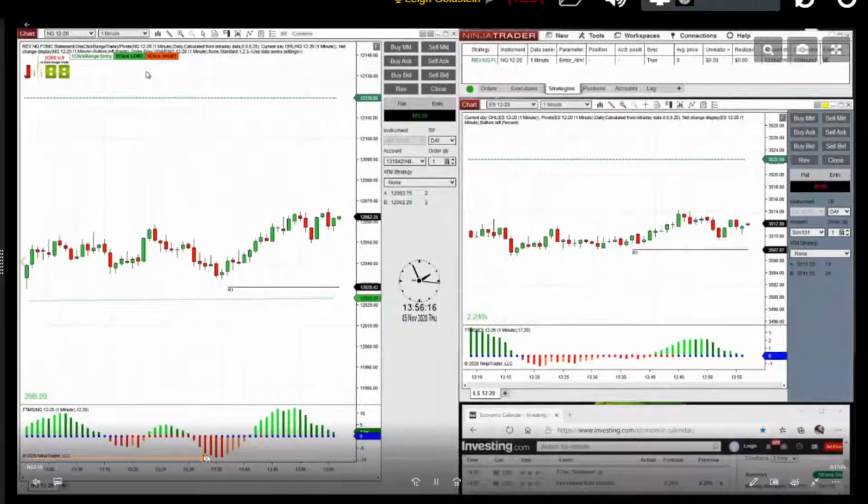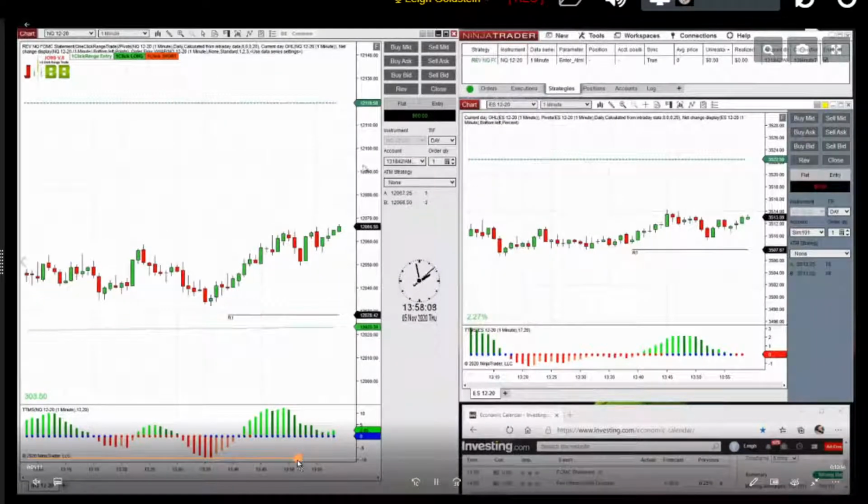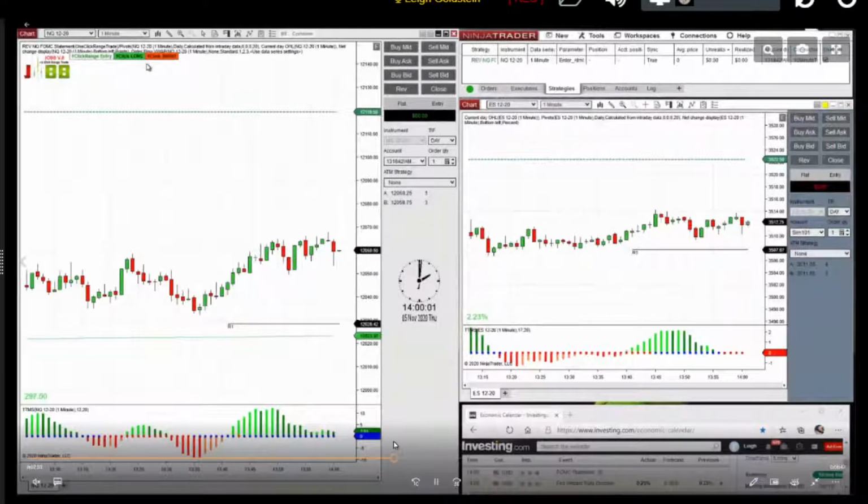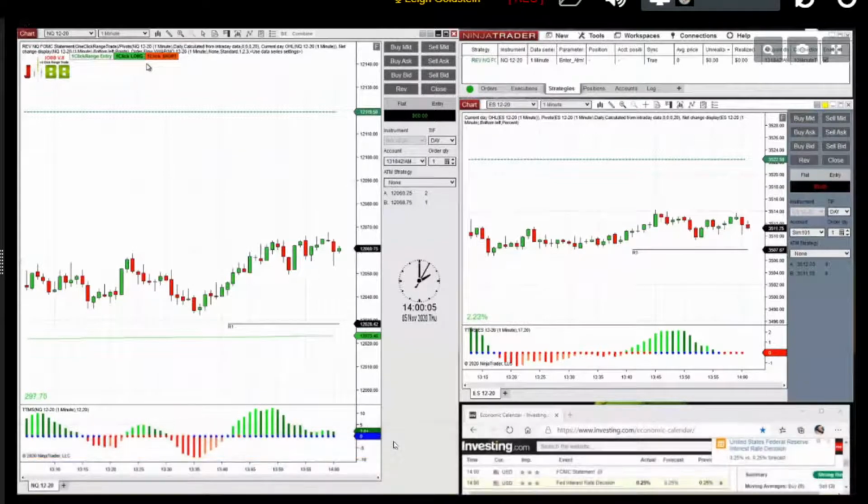NASDAQ was down a lot of points. Again, we were doing reversals. Now, this entry was late, but being a couple of seconds early did not make any difference. It's a 20-second cancel.